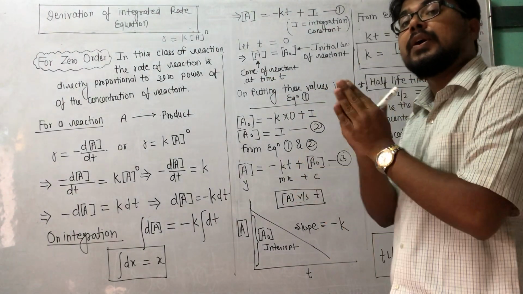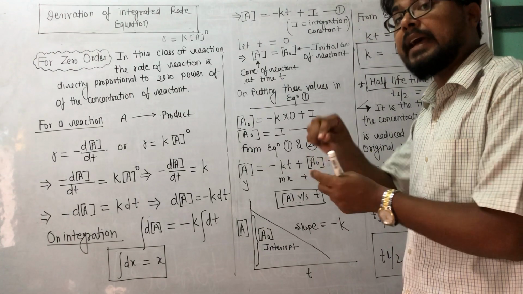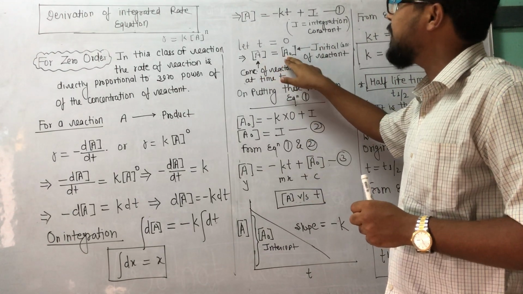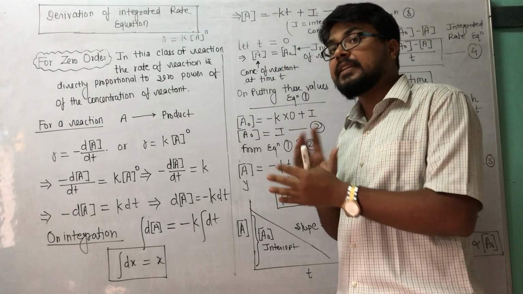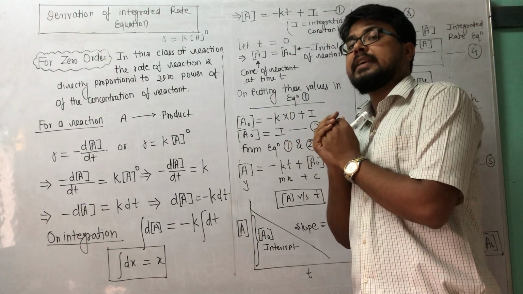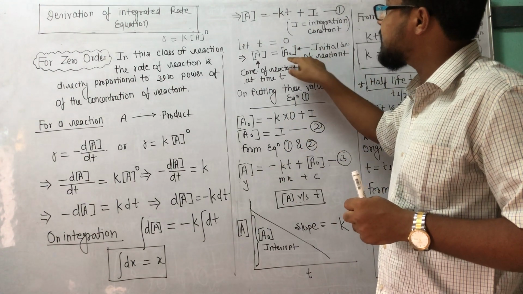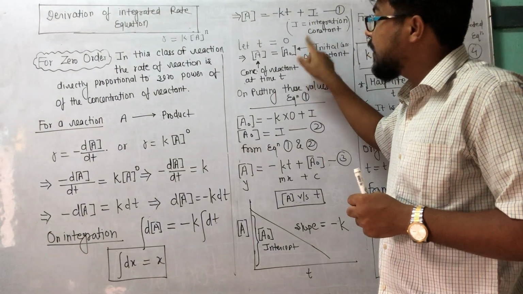Reactant is not consumed at that time, so A will become A naught. When the reaction has not started, the reactant is 100%, so for 100% we put A naught.